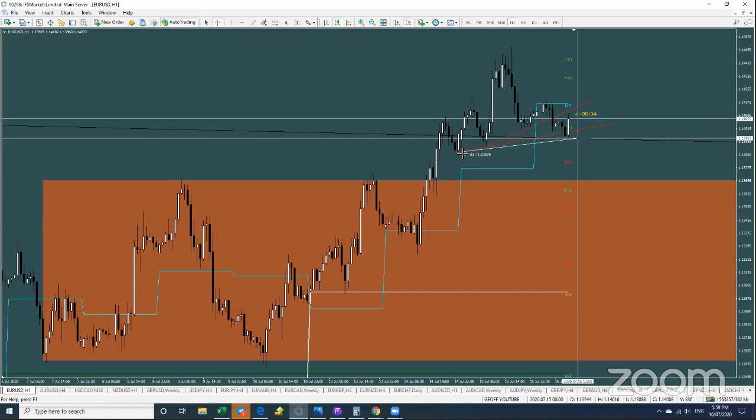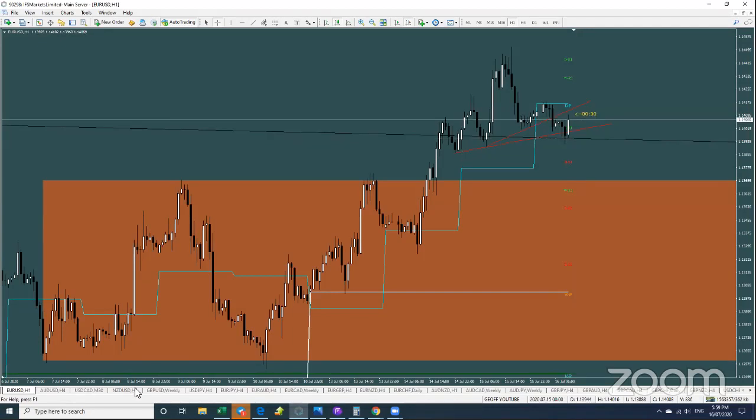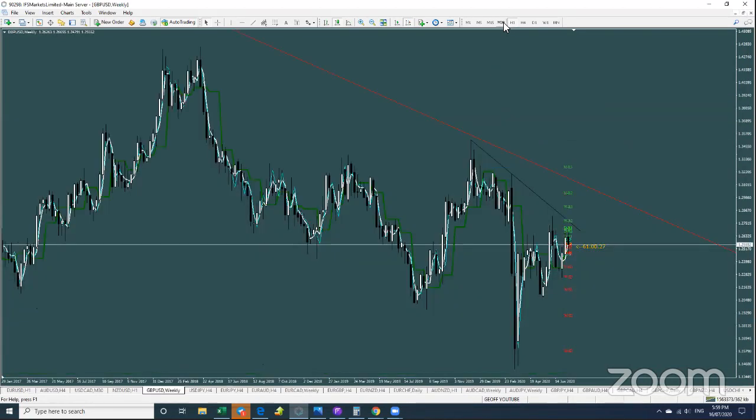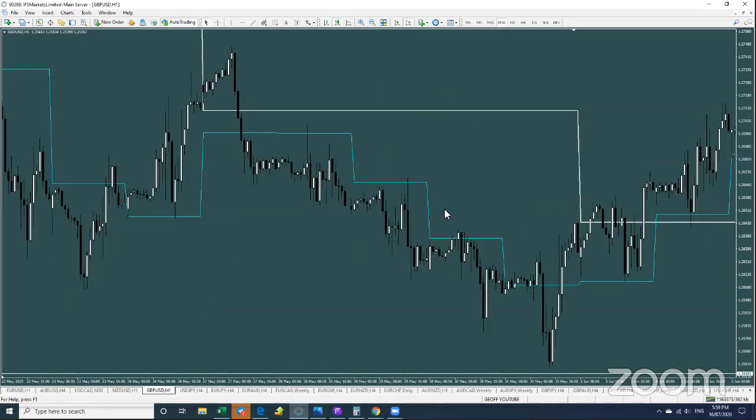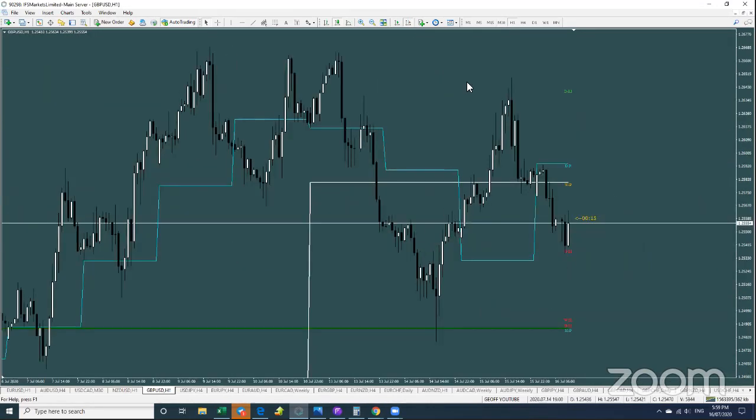What was the pound? Pound was 30-minute chart or hourly chart? Hourly chart, I think. Yep. Let's go hourly. And yeah, that's DS1, isn't it?